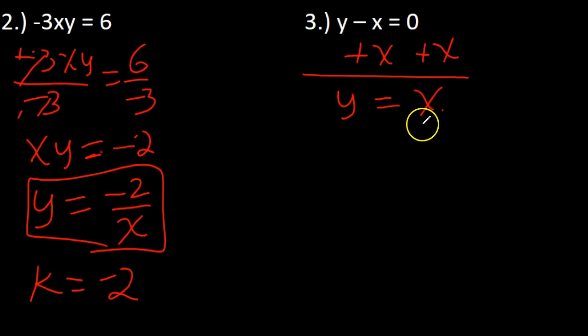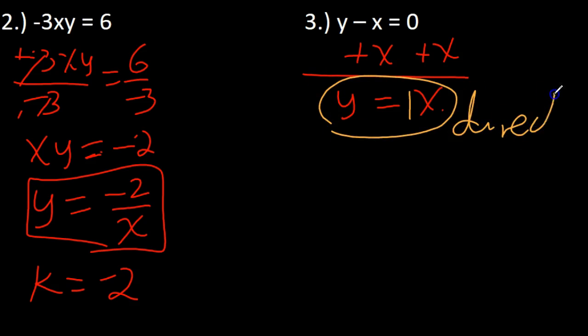I hope you don't think it is neither, but you know every variable has 1 in front of it, so there is actually 1x. So this is direct, and your k is 1, because 1 is multiplying x.